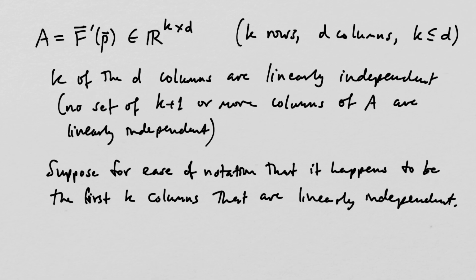It doesn't have to be the first k. It could be the last k columns, or it could be any selection of k out of the d columns. The only thing that's going to affect is that what I'm basically going to do is subdivide the coordinates of the point x into two groups, which are going to be the y's and the z's, right? Now, when you do that, the y's are going to correspond to those columns that are the linearly independent ones. So let me just draw you a kind of schematic diagram here.